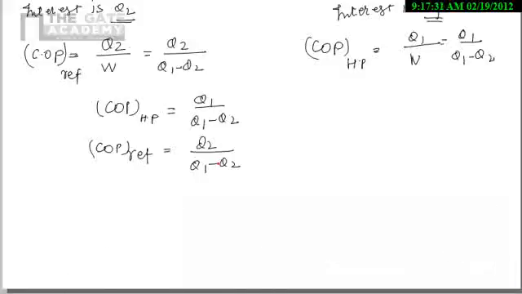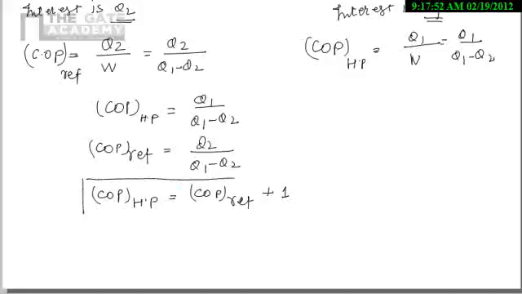If you see these two formulas, I can write COP of heat pump equals COP of refrigerator plus 1. If we add 1 here, then definitely we will get Q1 by Q1 minus Q2. This is a very important relationship: COP of heat pump is always greater by 1 than COP of refrigerator.